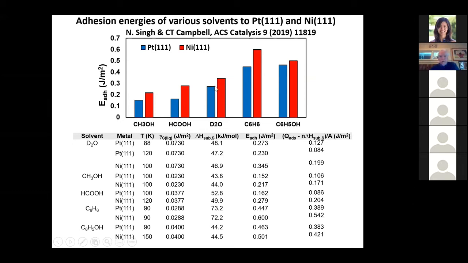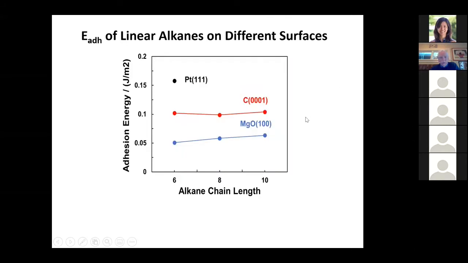Let me sort of address one of those questions that you can already see here. Or let me go one more step. Look at this number, 1.5 about for methanol on platinum 111. We also extracted out of other heat of adsorption versus coverage data determined for linear alkanes by temperature programmed adsorption by Steve Tate when he was in my group in collaboration with Bruce Kay and Zdenek Dohnálek.